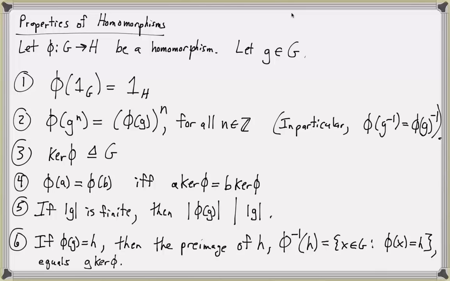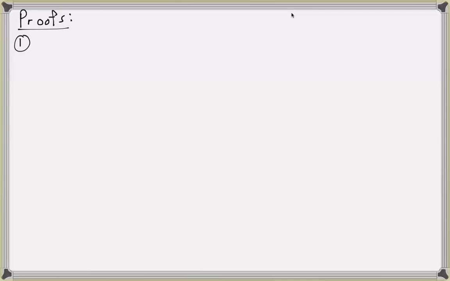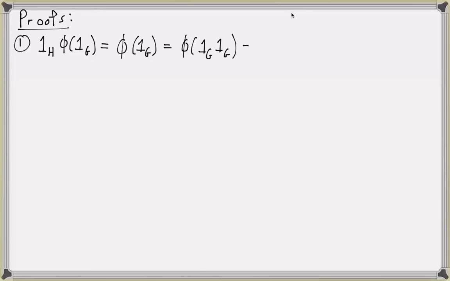So now let's begin our proof with part 1. For part 1, notice that the identity element of H times phi of the identity element of G just equals phi of the identity element of G, since phi of the identity element of G is an element of H. But then I can write the identity element of G as 1 times 1, and then by the definition of a homomorphism, this equals phi of 1_G times phi of 1_G.